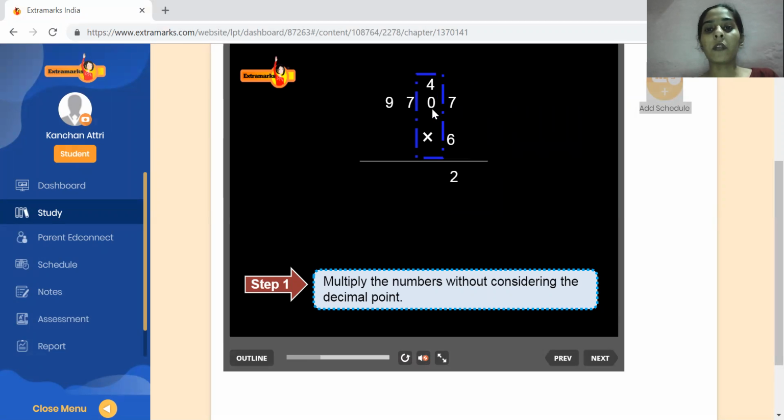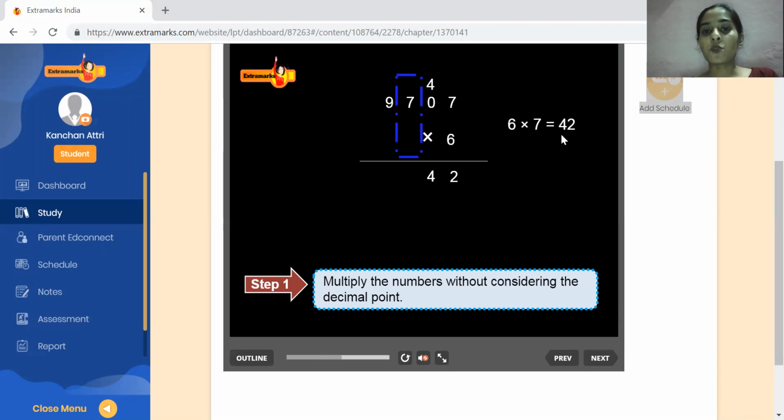Now we move on to the tens column. 6 times 0 is 0, and now we add the carry over 4 to 0. Then we get 4, so we write 4 in the tens column. Now we move on to the hundreds column. Same as before, 6 times 7 gives 42.